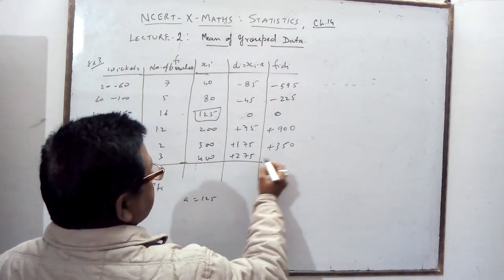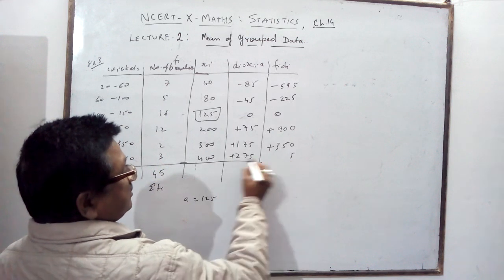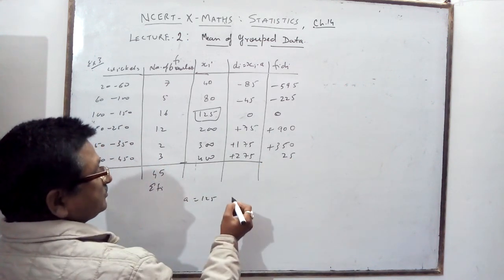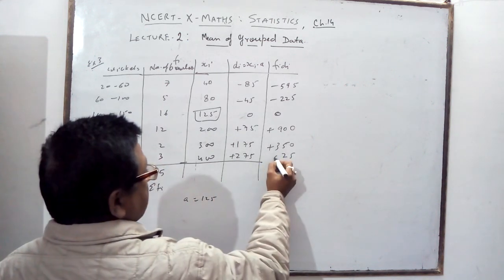Three 5s are 15, 3 7s are 21, 3 2s are 6, and 2 8s.